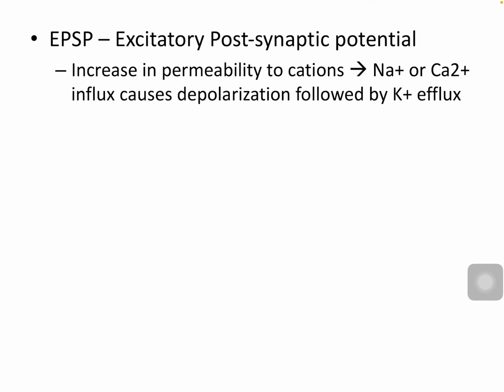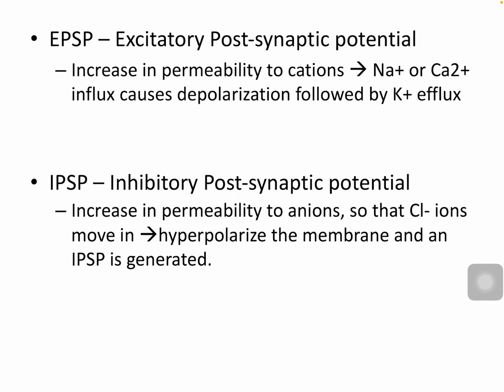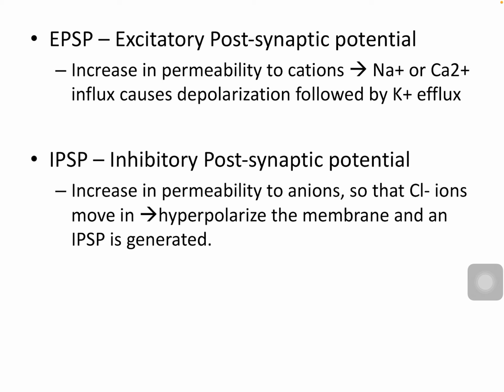Excitatory postsynaptic potential leads to increase in permeability to cations. Cations mean sodium, calcium. Influx causes depolarization followed by potassium efflux. IPSP, on the other hand, increases permeability to anions like chloride, so that the membrane hyperpolarizes and an inhibitory postsynaptic potential is generated.